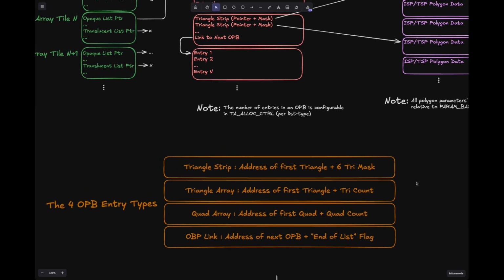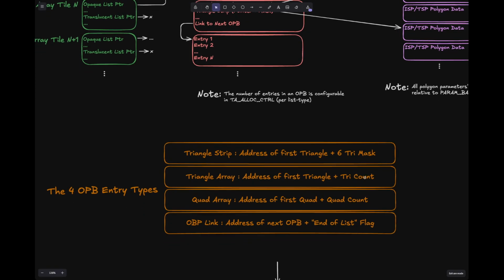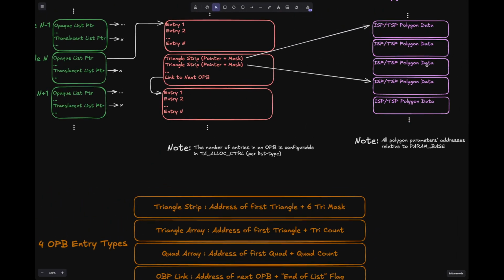So it could be the first one, it could be all of them, or it could be, here's the pointer to a triangle, just draw the first one and the 5th one, those are the only ones that overlap this tile. Similarly, there's a triangle array, which gives the address of the first triangle, and then says draw a contiguous number of triangles out of this polygon parameter data list.